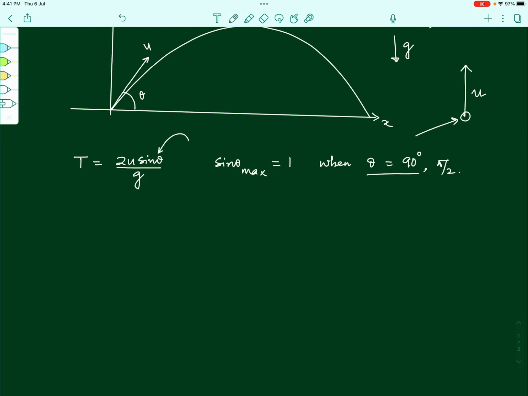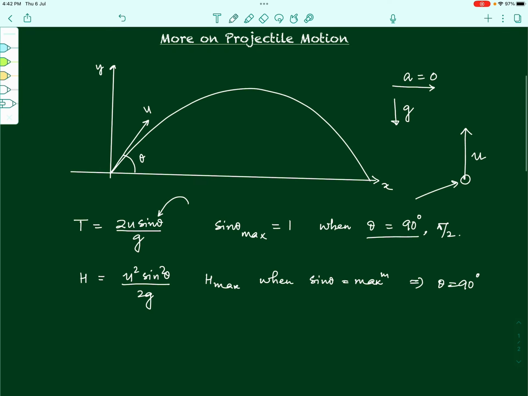Then we can similarly talk about the height expression, the maximum height, which is u squared sine squared theta by 2g. See that H will also be maximum when once again sin theta is maximum, right? Which is when theta is 90 degrees. So the height attained by the projectile is also maximum when you throw it vertically upward instead of making any other angle with the horizontal.